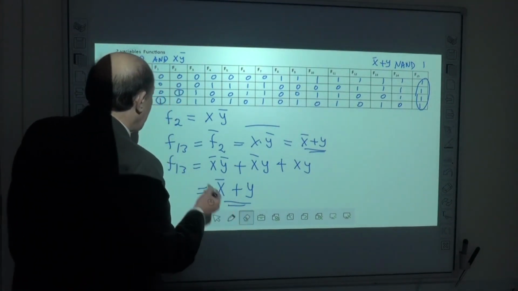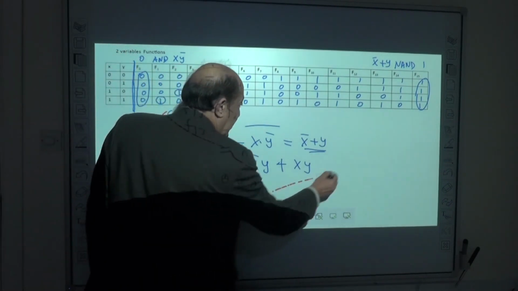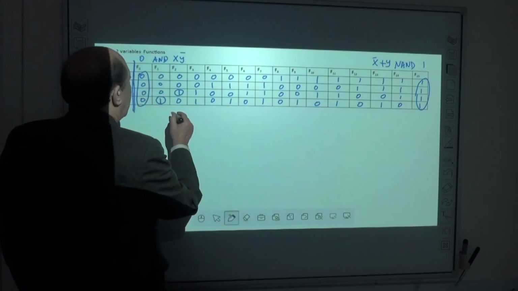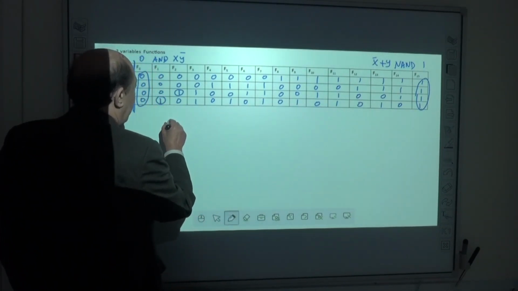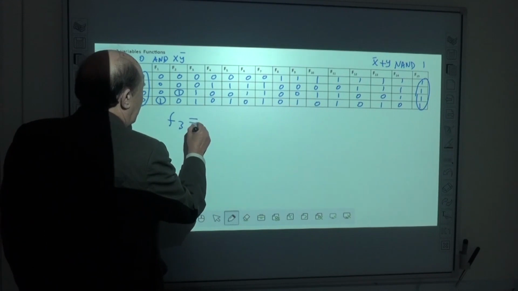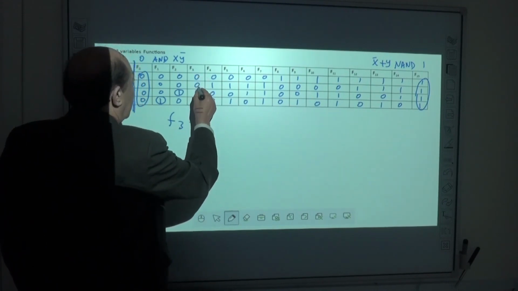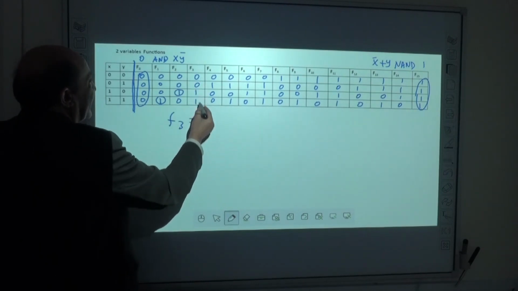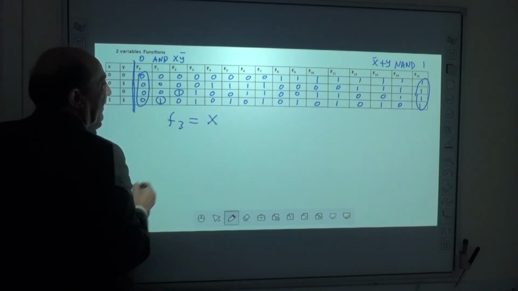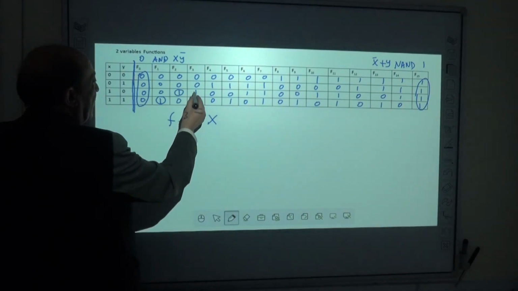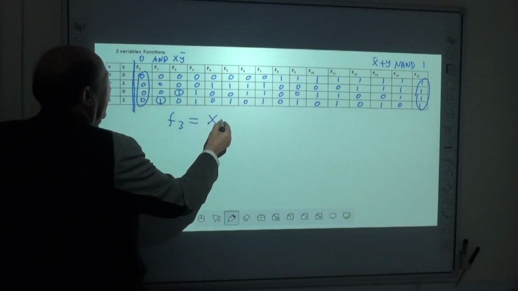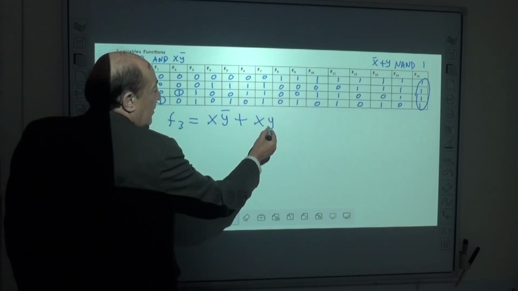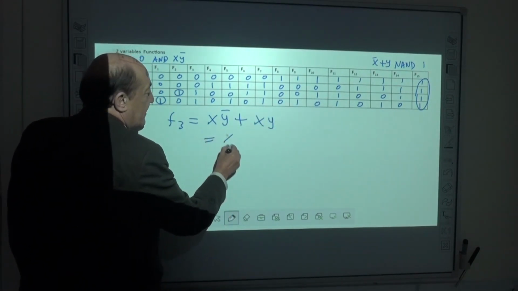Next, f3. The function f3 equals, really you can see it is equal to x directly, but even if you write x not y or xy, it is equal to x.